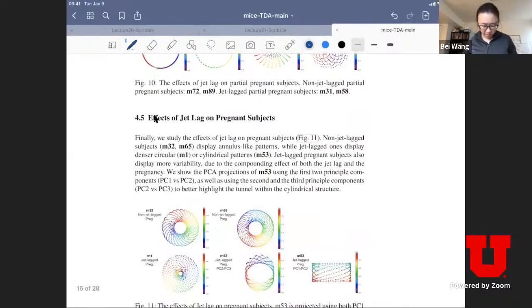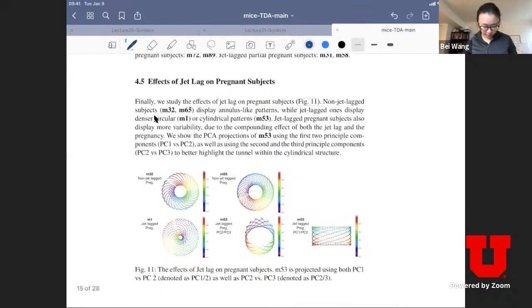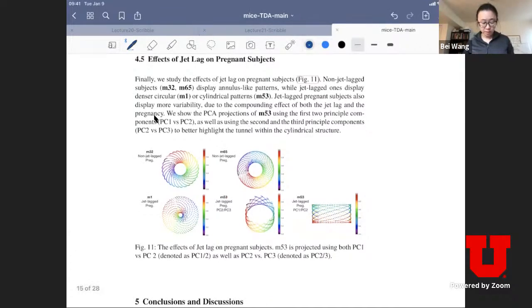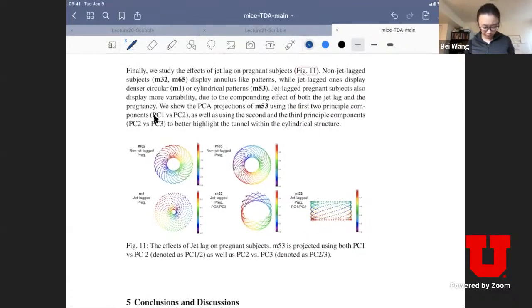And finally, you now introduce jet lag on pregnant mice. You see some variations, but again, purely visual inspection will not give you the best classification, but it's nevertheless an interesting profile you can look at. For example, on top are pregnant mice who are not jet lagged, and the bottom are the pregnant mice who were jet lagged.